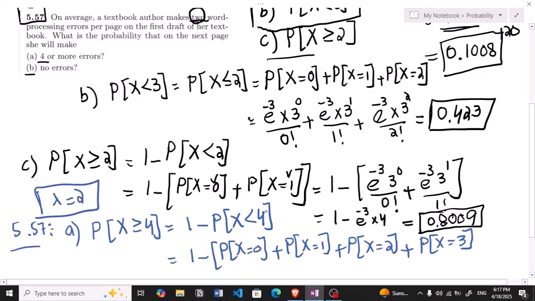Let me use the same formula which I have used before, which is exponential of minus lambda times lambda raised to power k divided by k factorial.